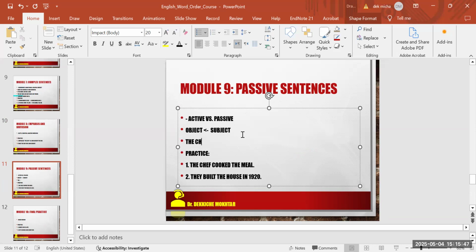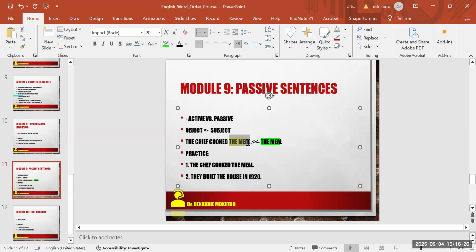The chef cooked the meal. This is an active sentence. In the passive, the meal, so here is the object. The meal here became the subject.